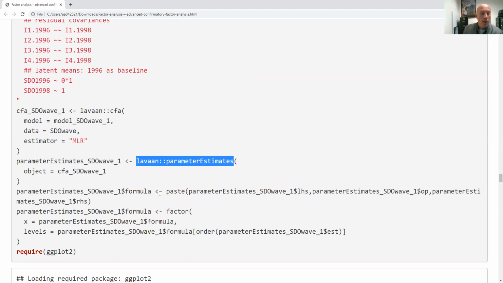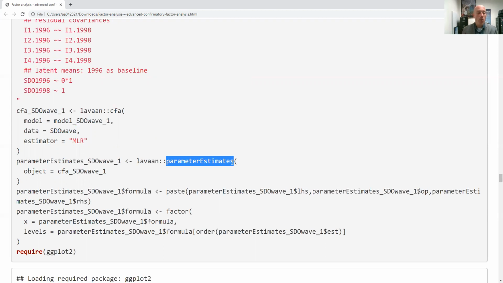Okay, so if you look at how the parameter estimates output comes in, it'll give us a data frame with one column being the left-hand side of the equation. The next column will be the equal sign, tilde or double tilde. And then the next one will be the right-hand side of the formula.